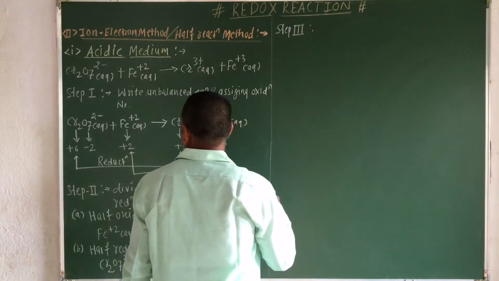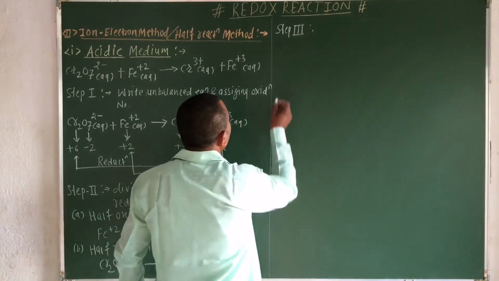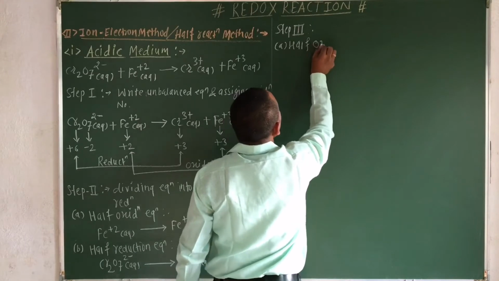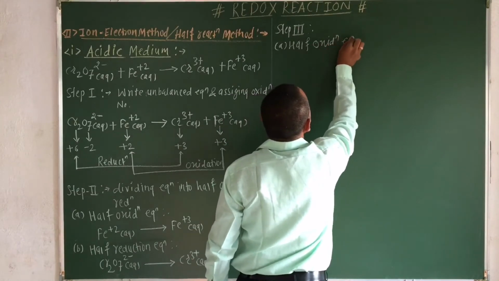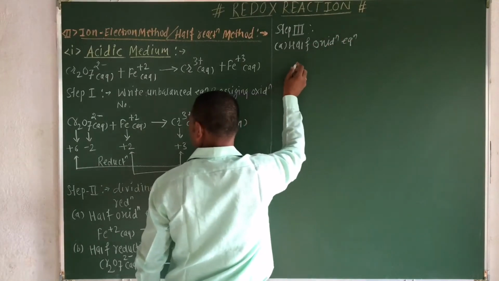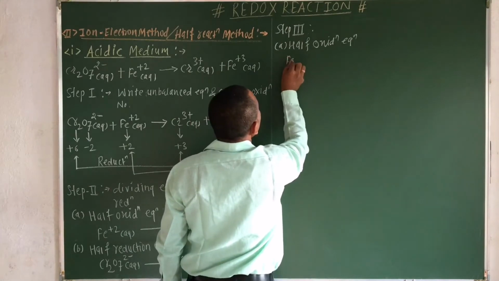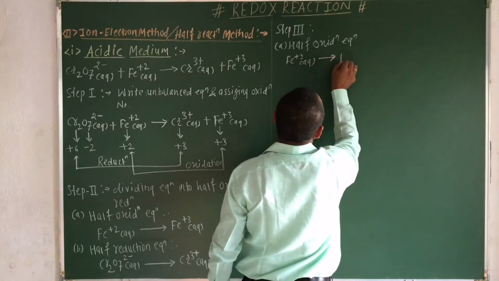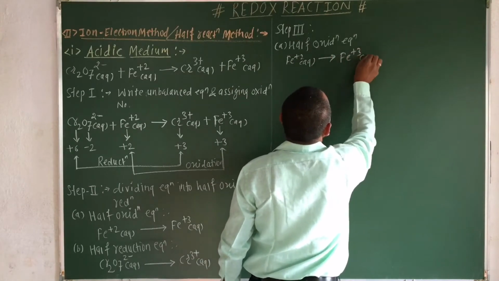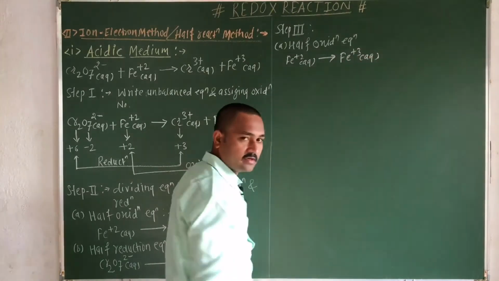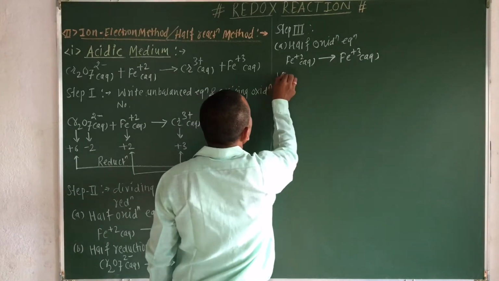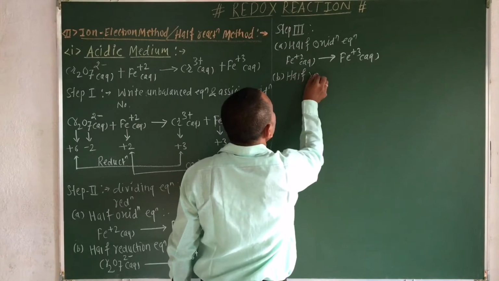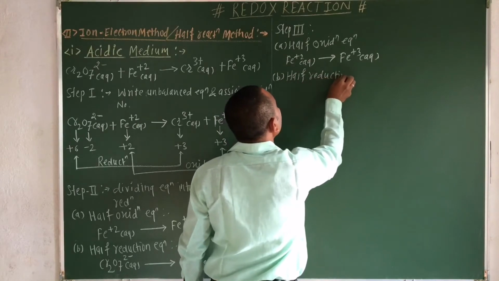So again we will write down the half oxidation equation as it is, without any change: Fe2+ aqueous gives Fe3+ aqueous. Now second, the half reduction equation.